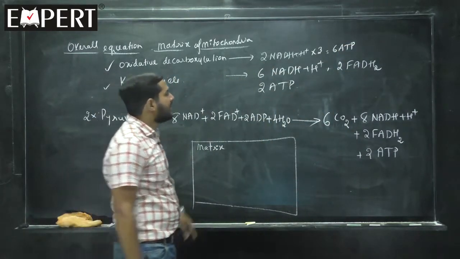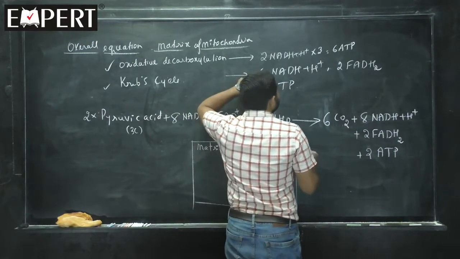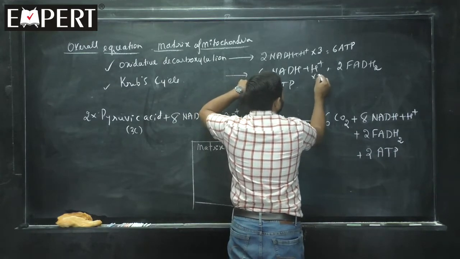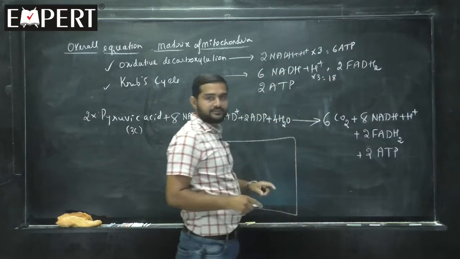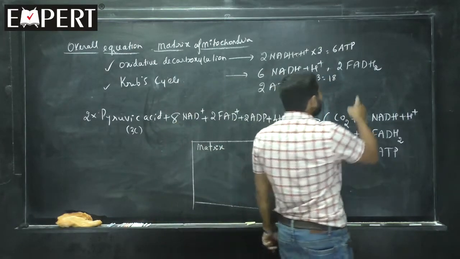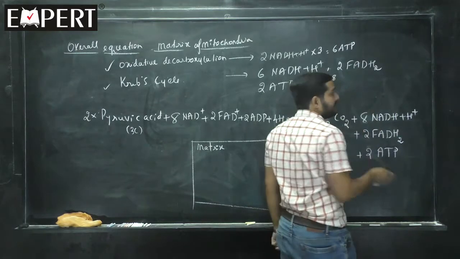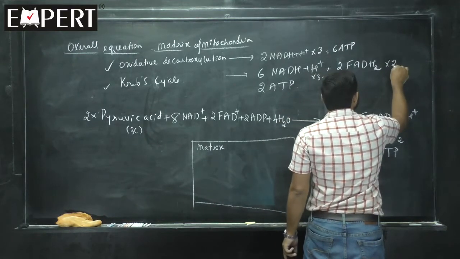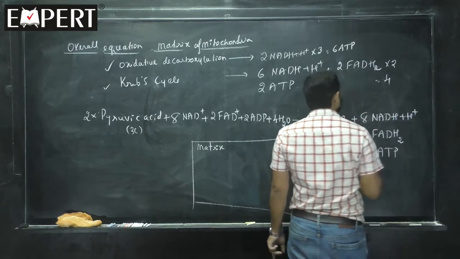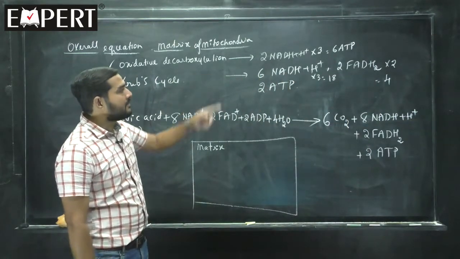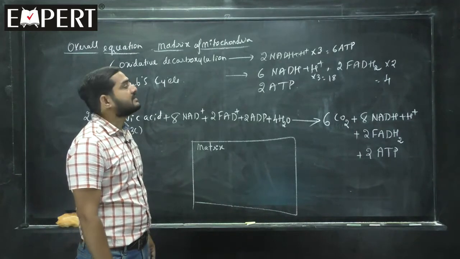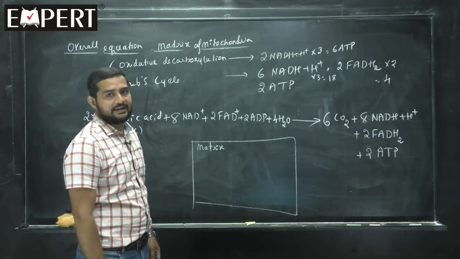Clear, right? 6 NADH plus H plus into 3, 18 ATP here. 1 FADH2 can produce 2 ATP. So, into 2 we should make it here, means 4 ATP here. 18 plus 4, 22 plus 6, 28 we can tell, right?